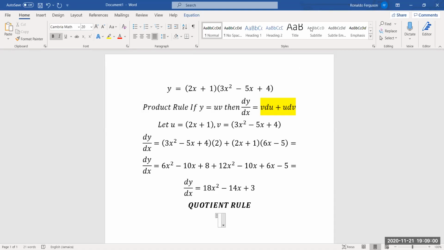All right, let's look at quotient rule. So now this is quotient rule.